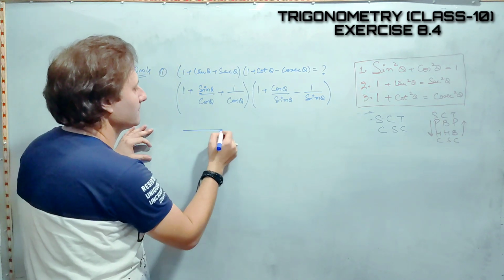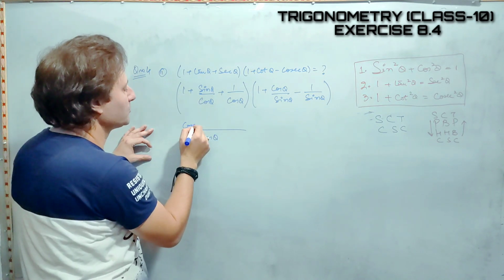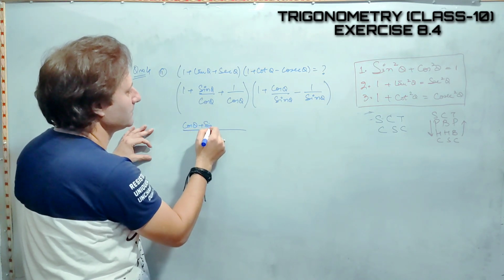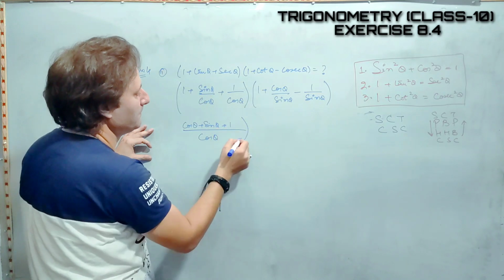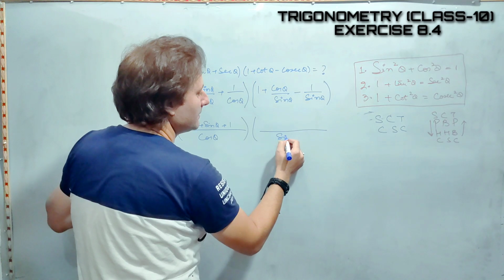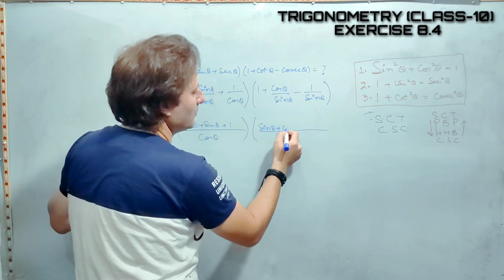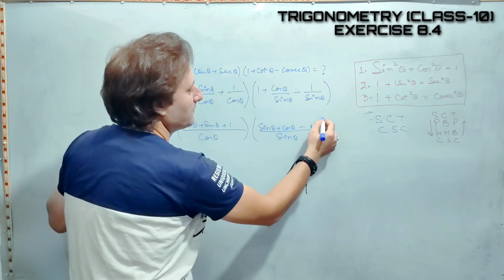So let's take the LCM, we have cos θ. Cos θ multiplied by 1 is cos θ, plus sin θ plus 1. Here we have again the LCM, that is sin θ. We can write sin θ plus cos θ minus 1.